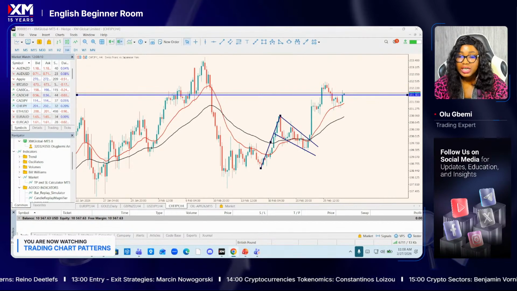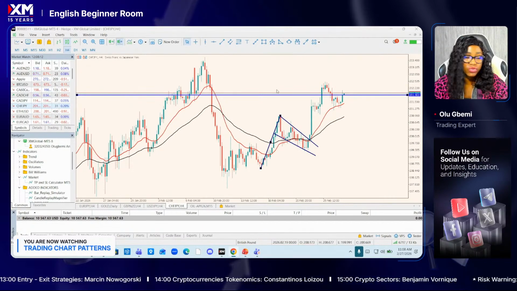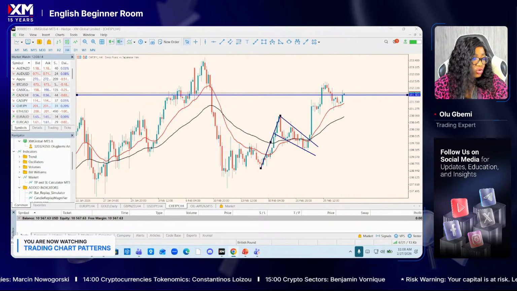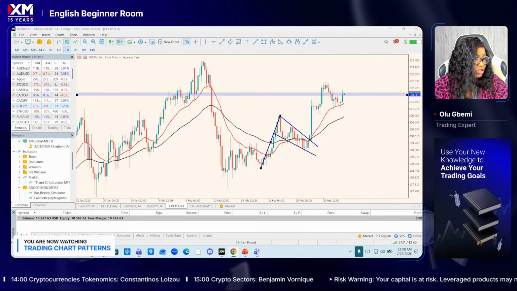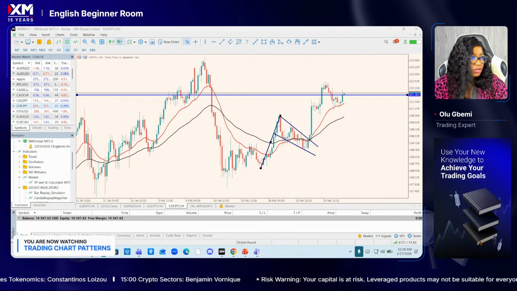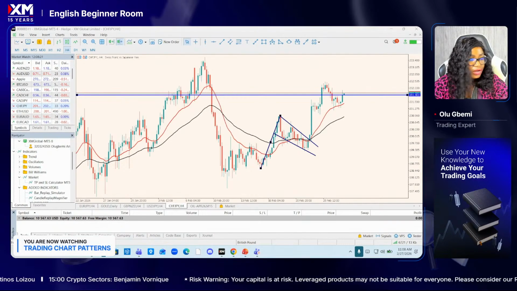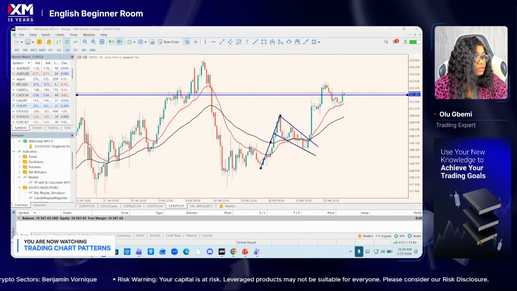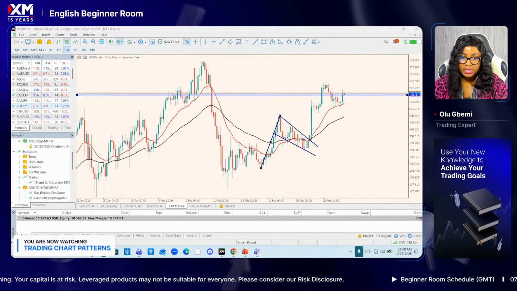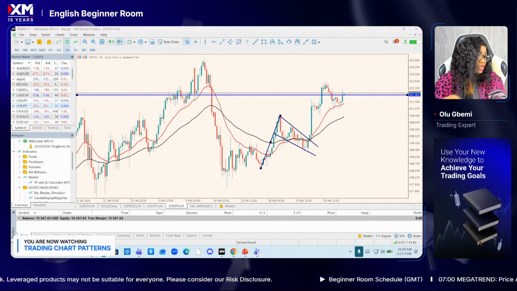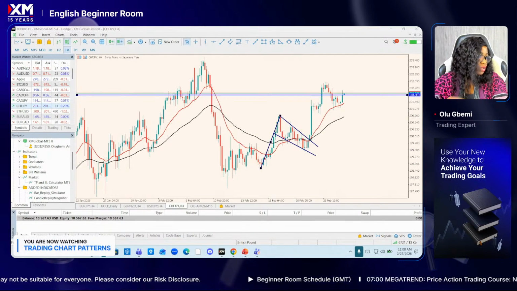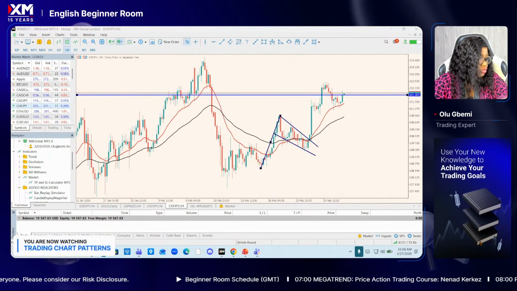Interesting thing with chart patterns is that you can trade them everywhere, whether you're looking at stock trading, cryptocurrency, whatever you're trading, forex, commodities, everywhere you can use chart patterns. So just being able to understand them will go a long way in helping you do trading the right way.